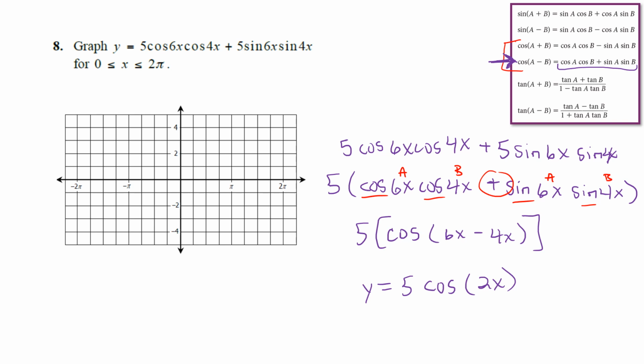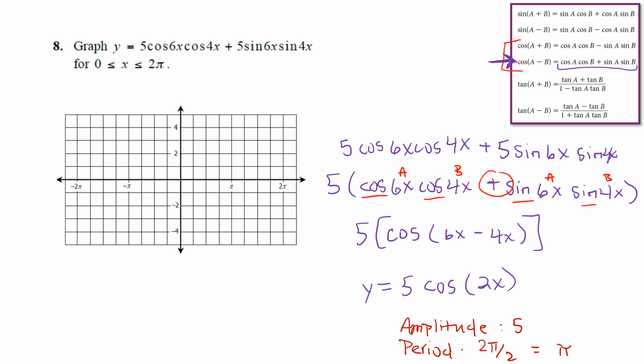If we were to graph this formula, we know that our amplitude will equal 5 and our period will be 2 pi over 2, which equals pi. The brain worked faster than my writing. So we will complete one full rotation in pi.